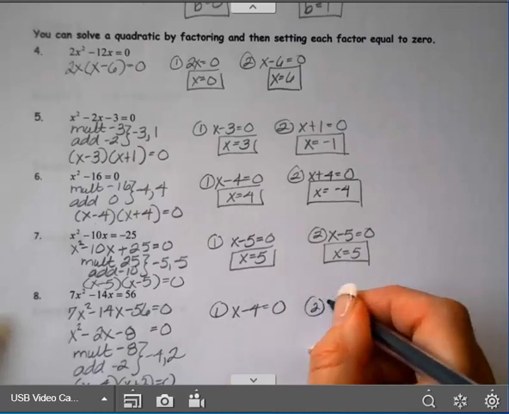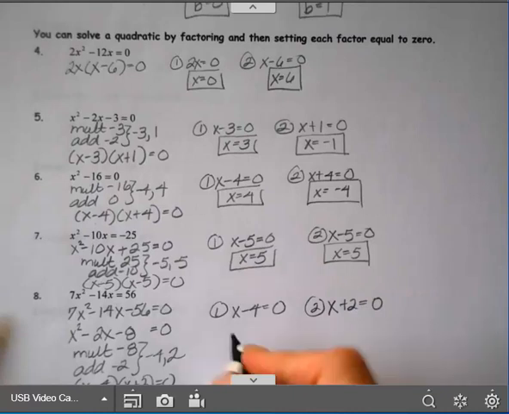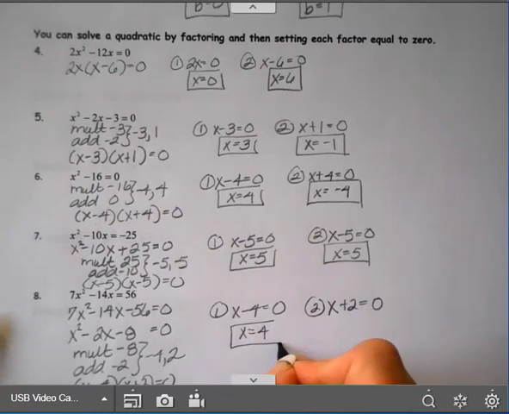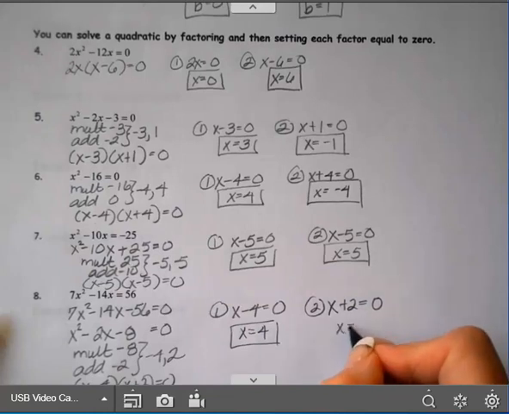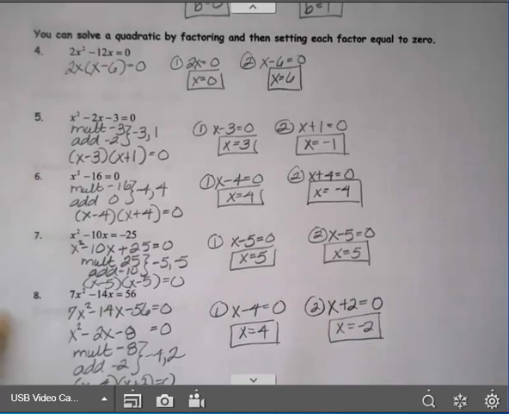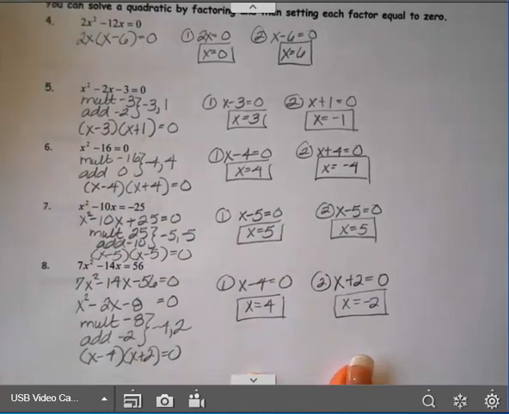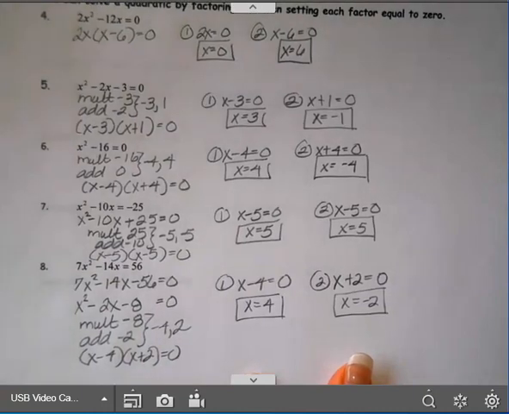And the other one, I'm going to set x plus 2 equal to 0 for my other. Add 4 to both sides. So one solution is x equals 4, subtract 2 from both sides. X equals -2 is my other. And that completes our notes.